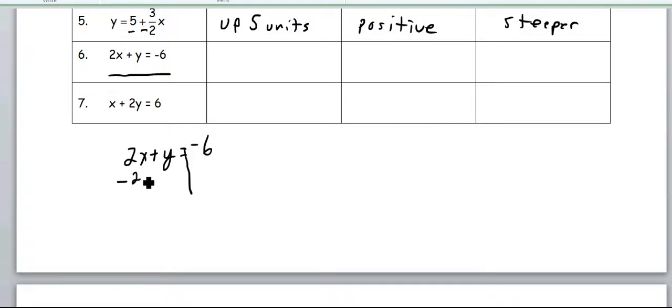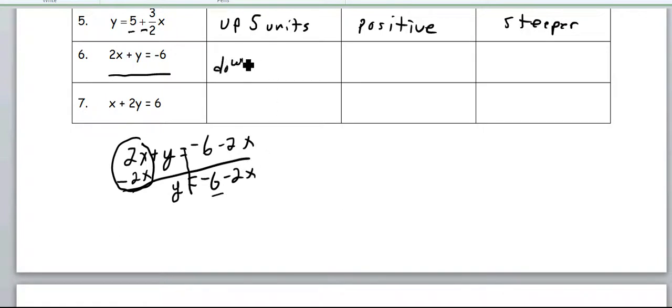So here we're going to move the x value like this, and these cancel out. I end up with 1 positive y, which is what I want, equals -6 minus 2x. Now I can answer my questions. This is -6, so it shifts down 6 units.